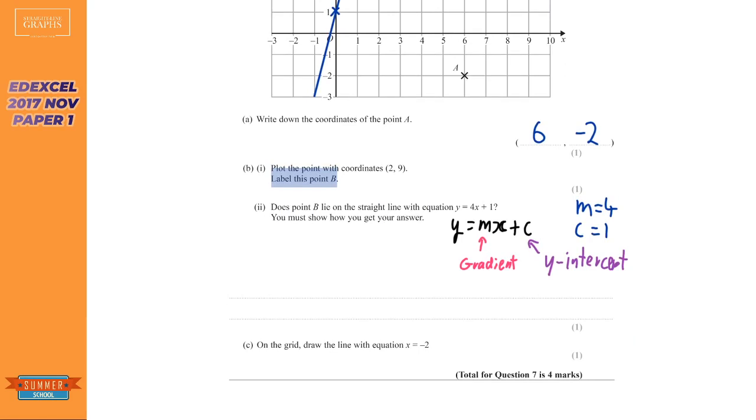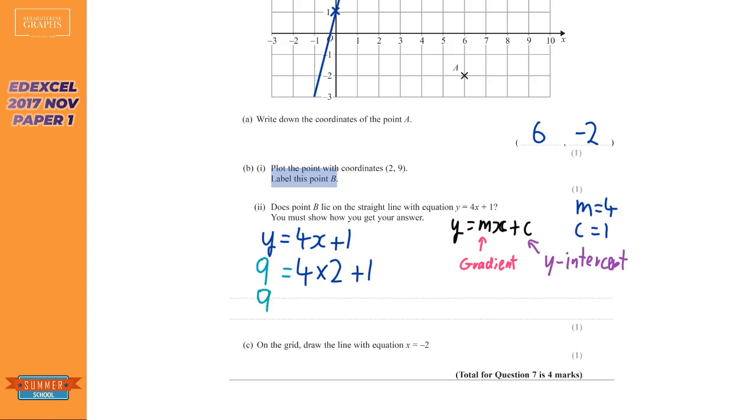The easiest way of answering it is just put in the coordinates given to us in the question, so 2, 9. So we're going to write out y equals 4x plus 1. We're going to put in the value for y, which is 9. And we're going to put in the value for x, which is 2. So 4 times 2 plus 1.